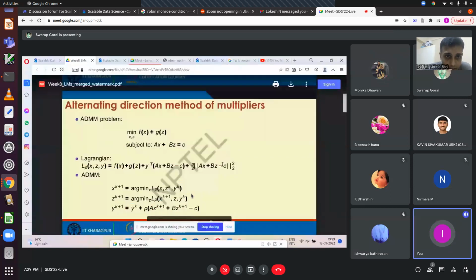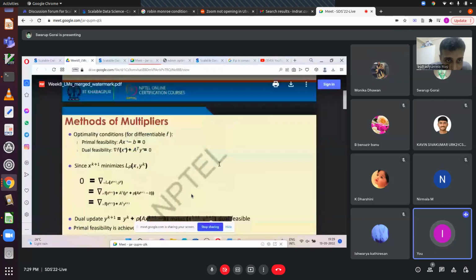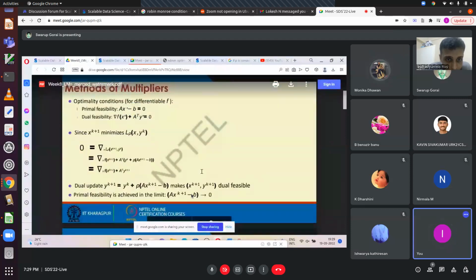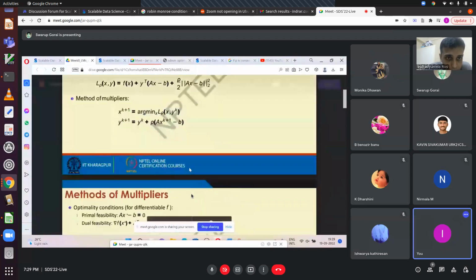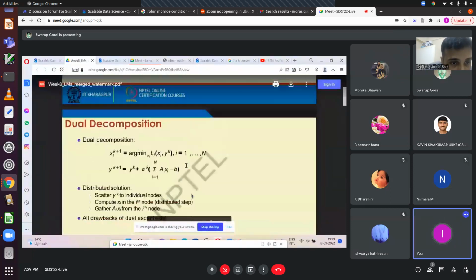The shortcomings of the method of multipliers. Go up a bit, slowly.